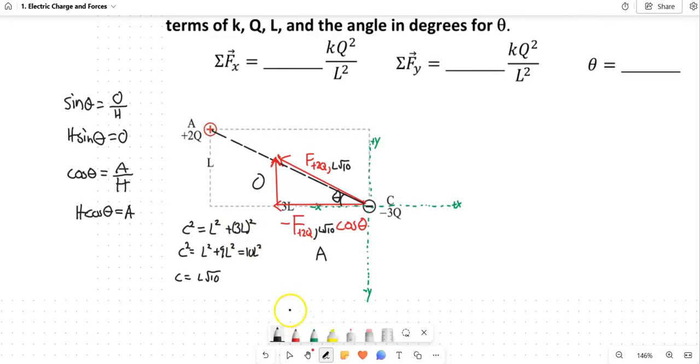Now for this opposite side here, we said it's going to be the hypotenuse sine of theta. Here's our hypotenuse, so this is pointed up. And it's going to be the hypotenuse, which is the positive 2q, comma, L square root of 10, times the sine of theta.